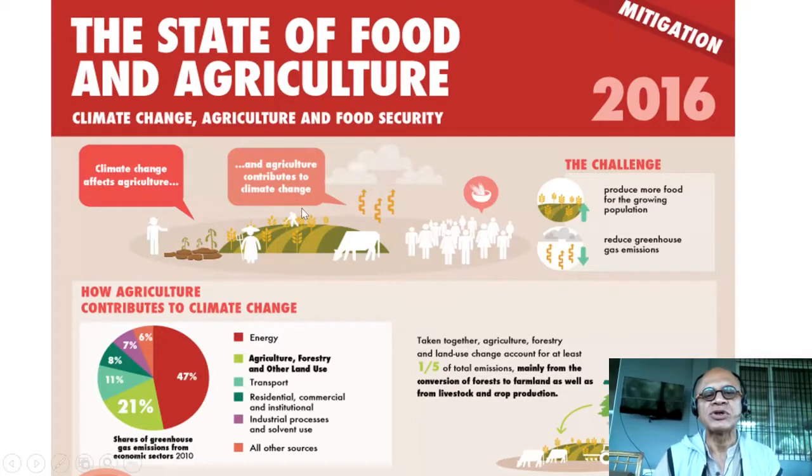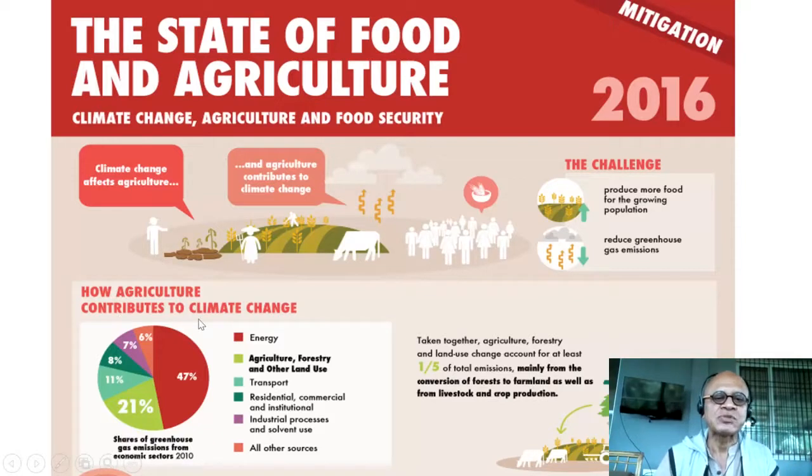And agriculture contributes to climate change in return. There is a strong feedback. The challenge, of course, is to produce more food for the population that will grow for some time, at least a couple of decades, and then reduce greenhouse gas emissions from the agricultural sector in the context of looking for co-benefits for human health, right?